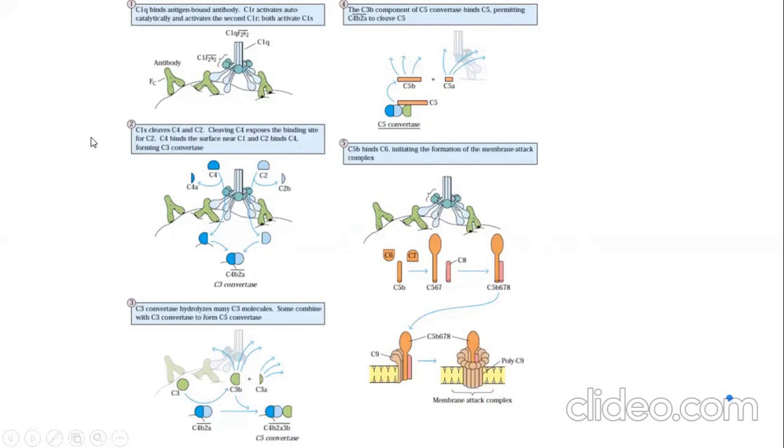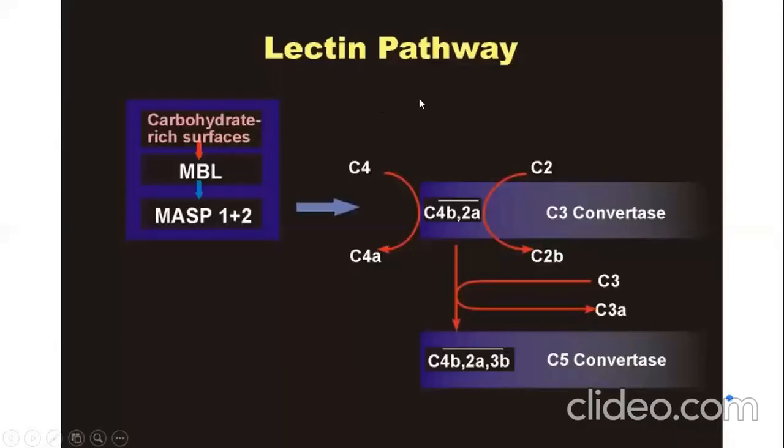If you are given a question on the classical pathway, you go in with these steps. The lectin pathway is not much different from the classical pathway, except it doesn't involve C1. It doesn't involve an antibody, so it doesn't involve C1. It directly recognizes specific carbohydrate surfaces, and mannose-binding lectin goes and binds to them.